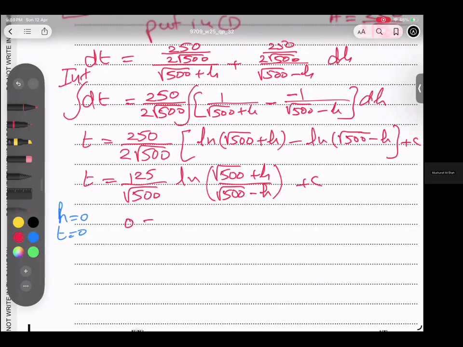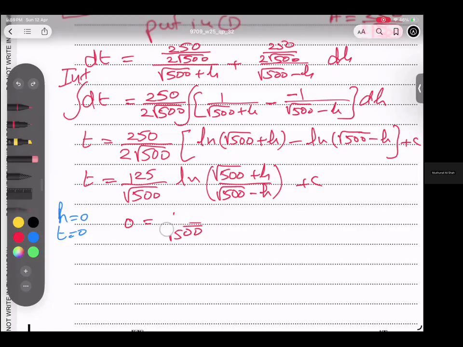When T is 0 here, and 125 over root 500, and log of, when I put these zeros, basically what happens? This is 0, and log of 500 over 500 is log 1, which is 0. So basically I get a C value of 0, because this cancels out by putting H as 0.